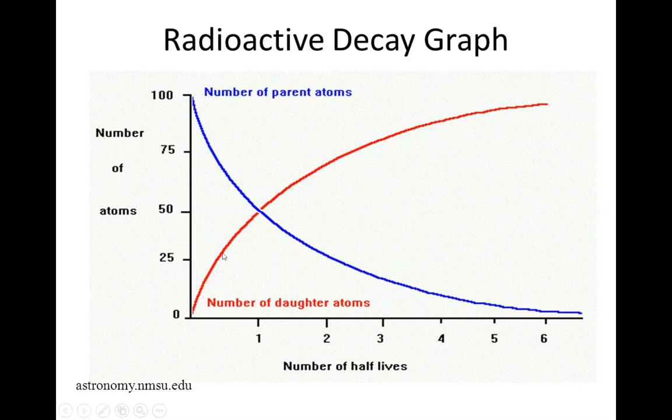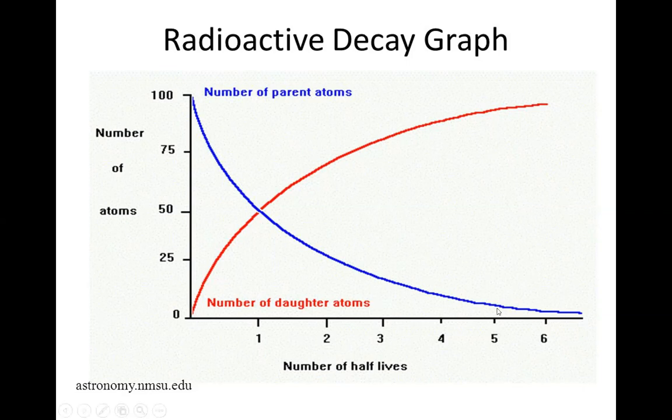On the flip side, the red curve corresponds to the number of daughter atoms, argon atoms in our case. So in the beginning, the sample in question was purely potassium. There were no argon atoms in that rock sample yet. So that's why we start off at 0 on the bottom of this graph.